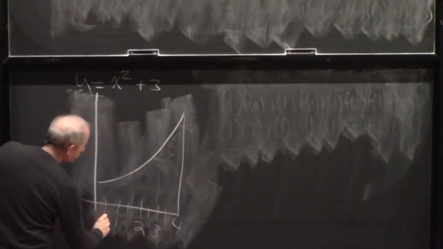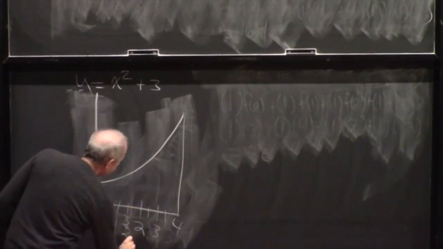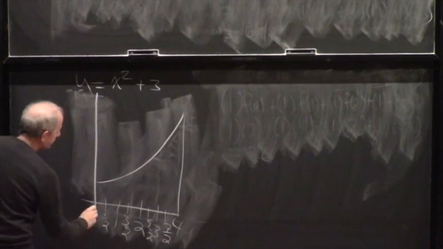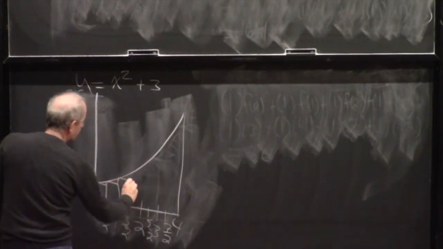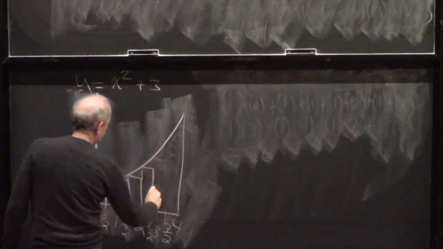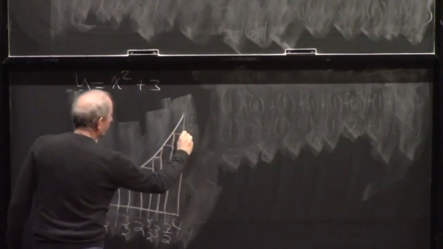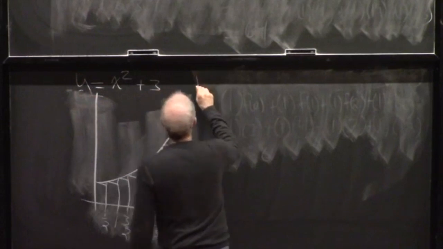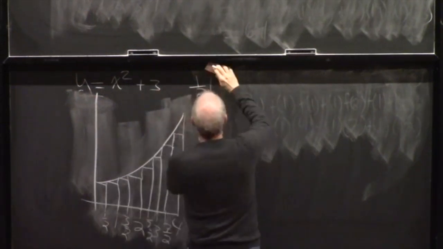So now each one would have a width of a half. 3 halves, 5 halves, 7 halves. So you can see I'm starting to have less error. And then each of these is a width of a half. This way.